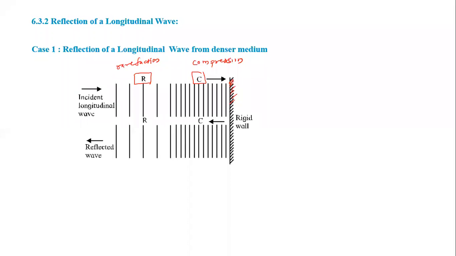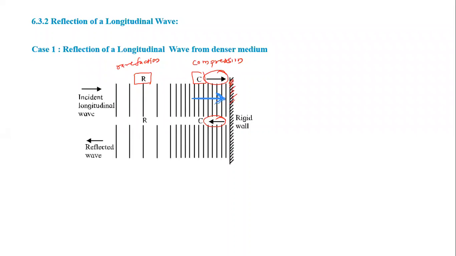So this is the incident wave velocity and this is the reflected wave velocity. So wave velocity is reversed. But when we talk about the particle velocity, let me show you particle velocity here. Initially the particle velocity is in this direction.